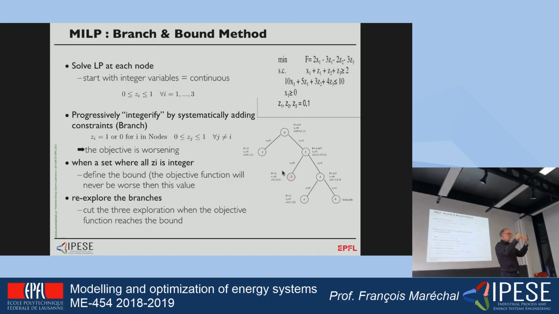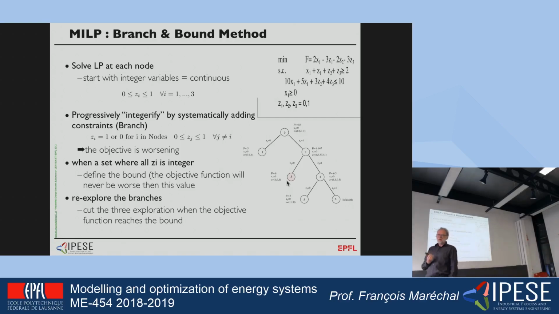Okay? But something which is important now is that if I'm here, I know that the remaining ones are still continuous, so I do not need to fix the value to 0 or 1. But when I will be here, I will test the value of the objective function.